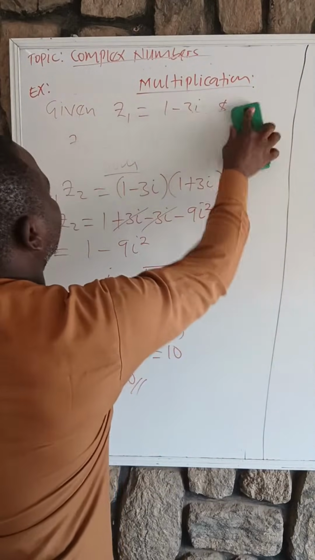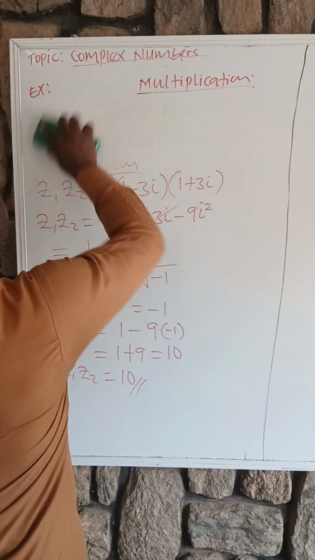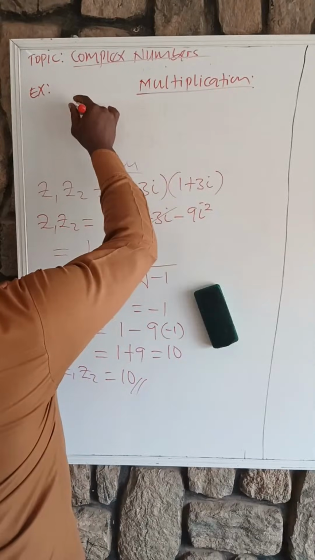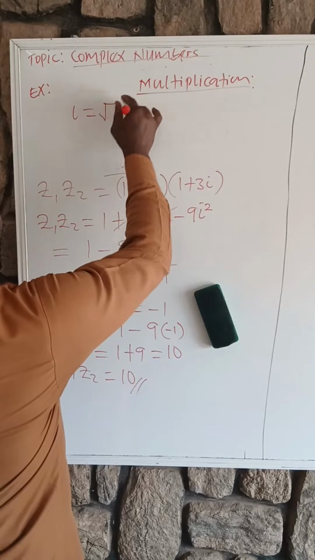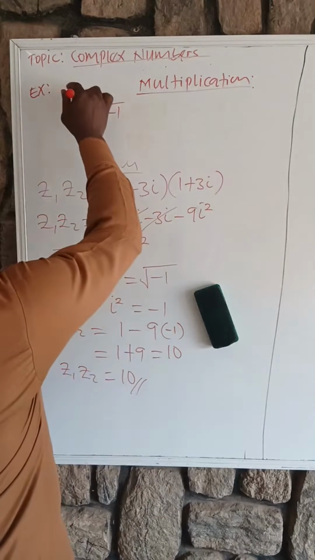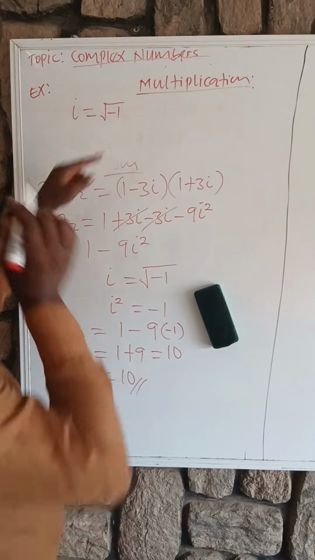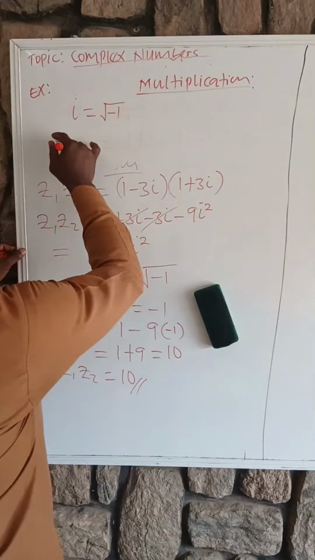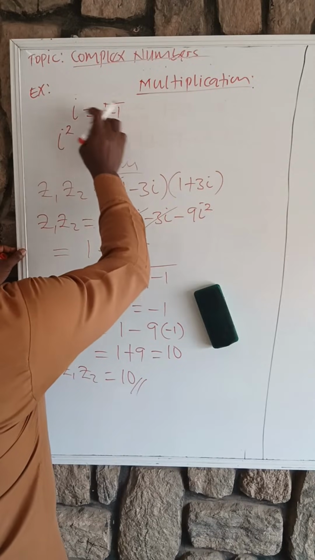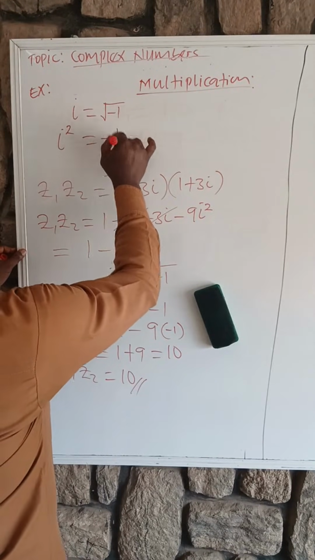I try to consider the powers of i. When we have i, that is how it is. i means the square root of minus 1. So if we want to consider i squared, by the time you square both sides, here will be minus 1.